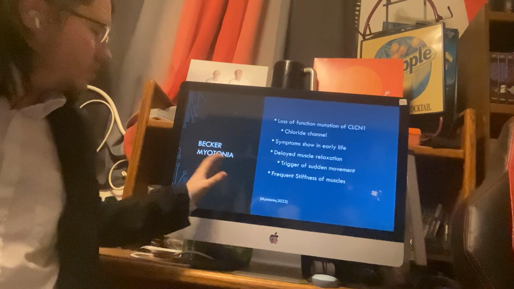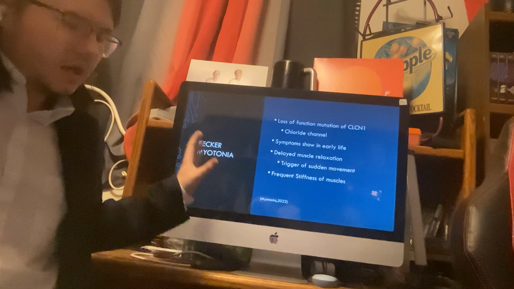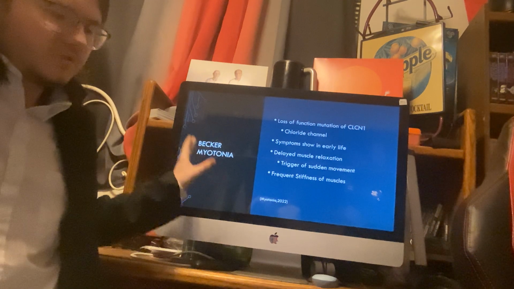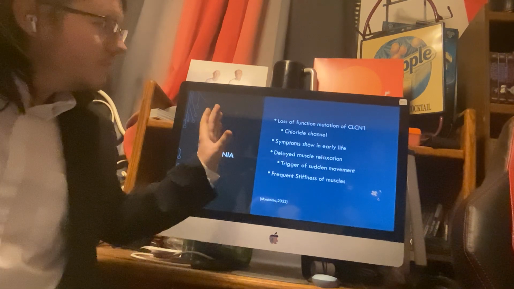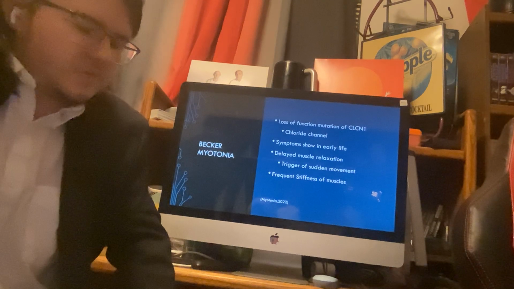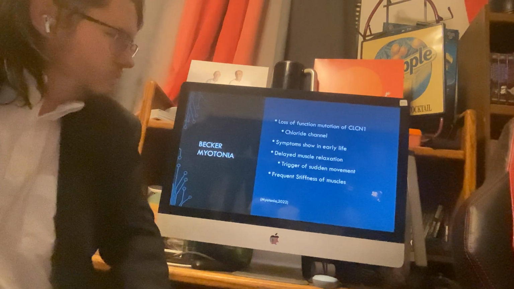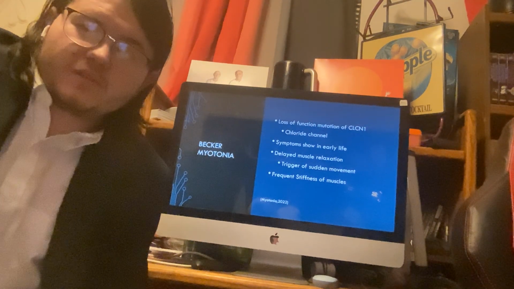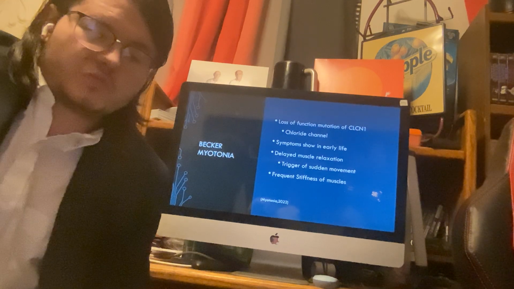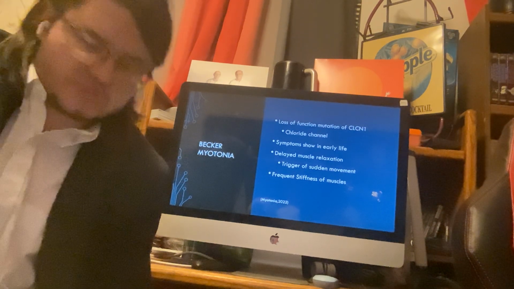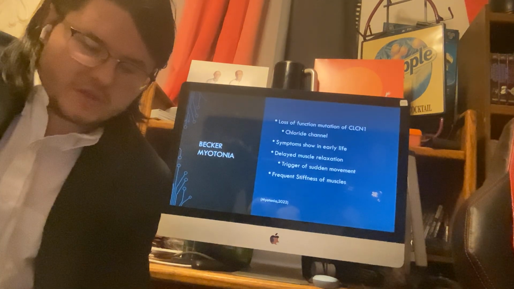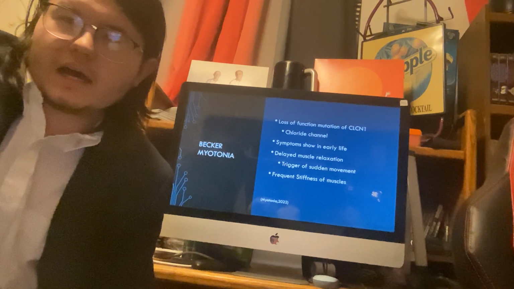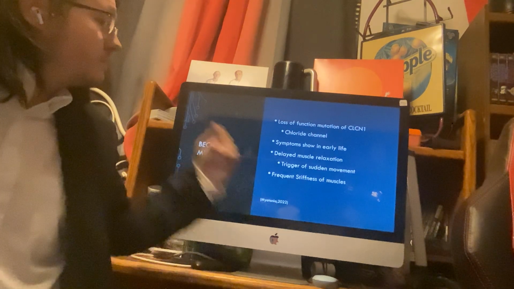In Becker myotonia, there's another one called, I believe, Thomsen's myotonia, which shows up between ages 1 to 5 on average. This one is between ages 4 to 12 that symptoms can start occurring. So there's a little bit of gap time where everything seems normal, and then symptoms can progress.